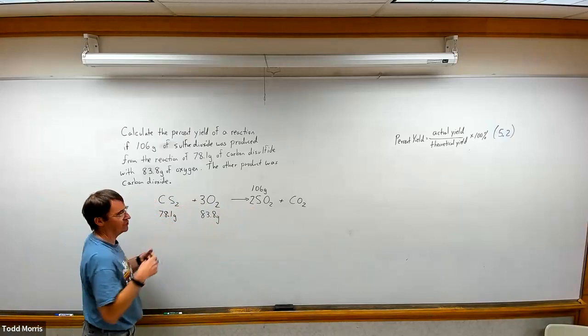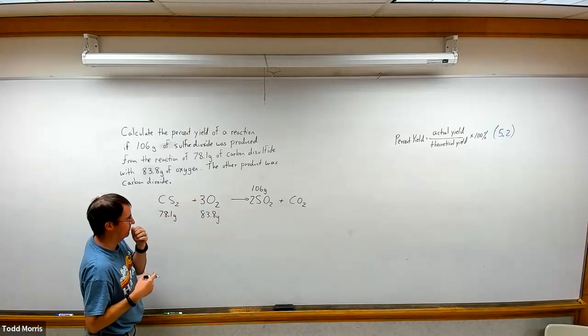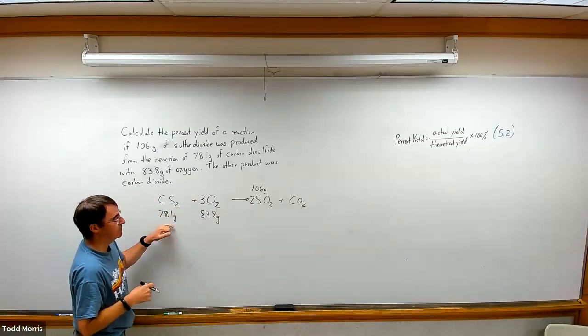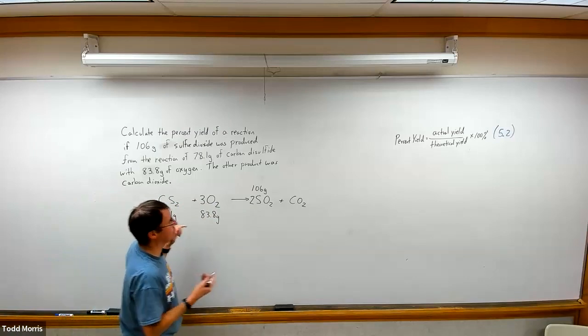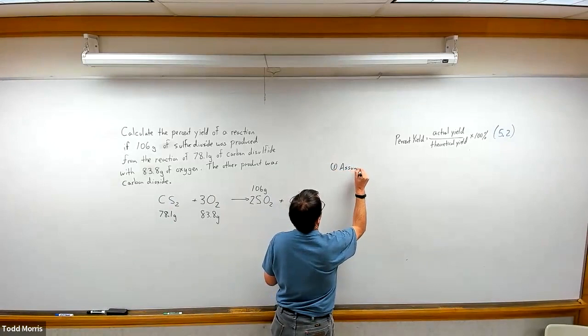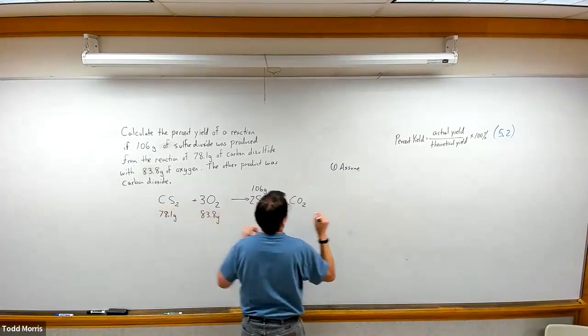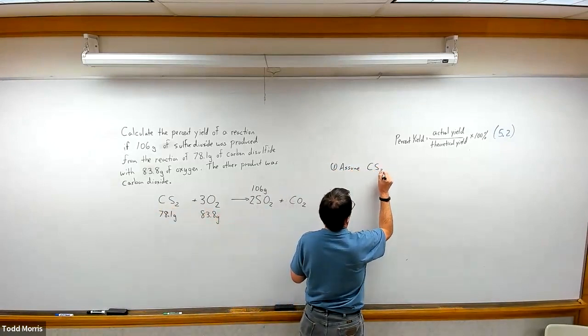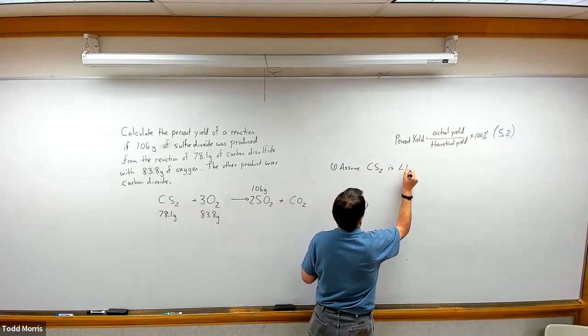So there's a way you can approach these limiting reactant problems. The method that I like is to simply assume that the first reactant is limiting. So we're going to assume here that carbon disulfide is the limiting reactant.